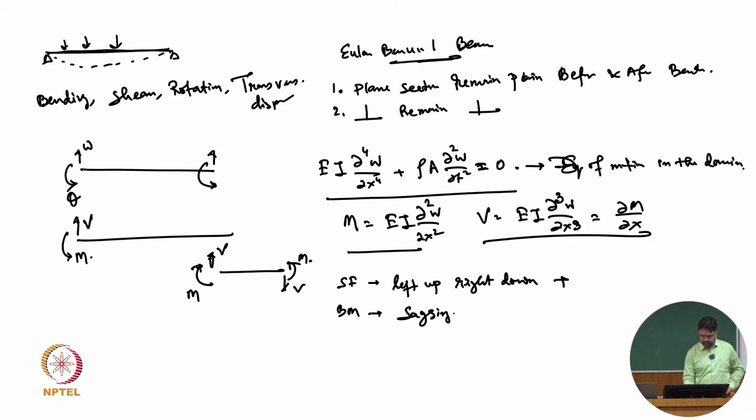sagging, or you can see a smiley face, is basically positive. Okay, the bending moment will be going like this, so that bending moment is positive. And displacement is always up and down.